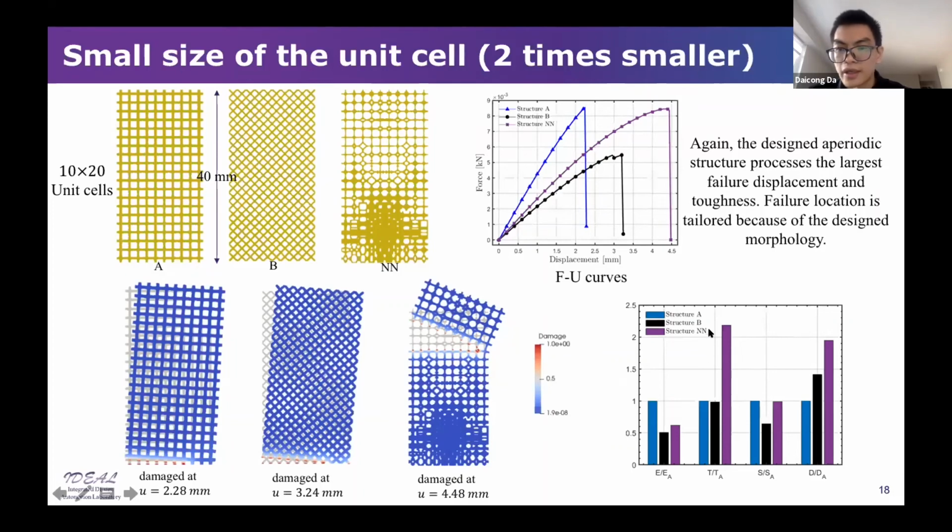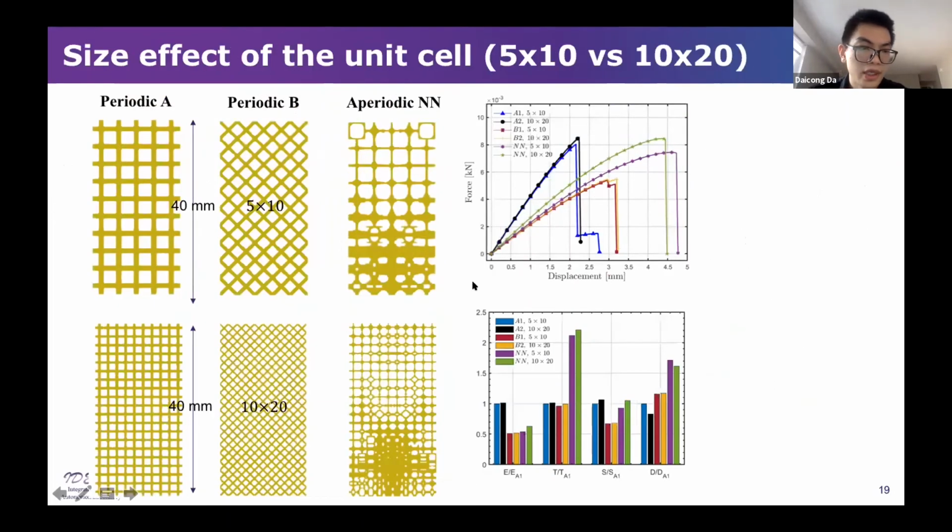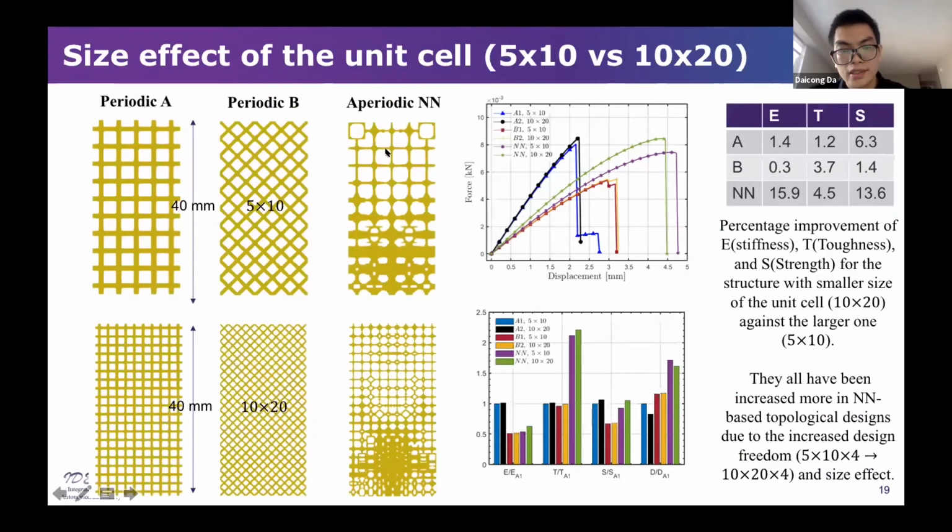So again, we conclude that the amplification with the smaller size, or the larger number of unit cells for the same global structure, can achieve 2 times better, and also the failure displacement is enlarged. If we gather the two cases, the 5 by 10 and 10 by 20 structures, we can say that the optimized design will have a large improvement for the structure with the smaller unit cell size compared with the large size.